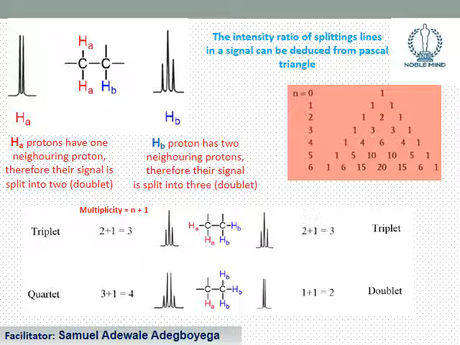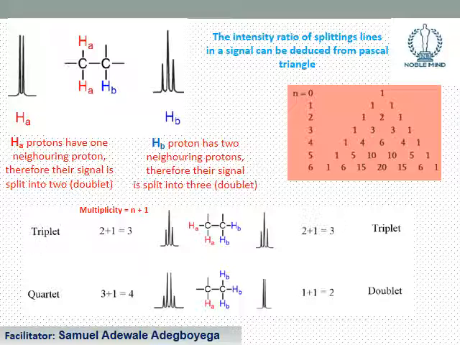Let's quickly compare the proton on the other carbon. The proton called HB is just one proton, but the neighboring atom or the environment carries 2 protons. Neighboring carbon atom carries 2 protons. So it is these 2 protons that will split.